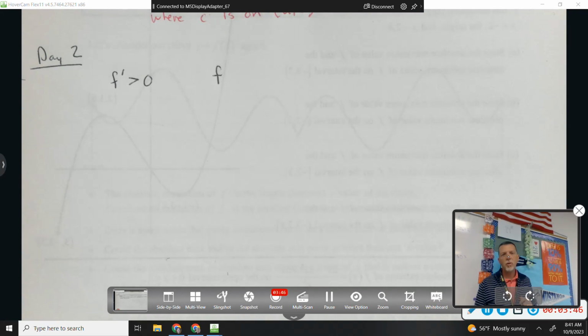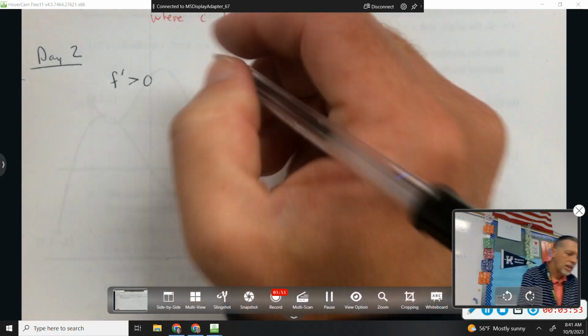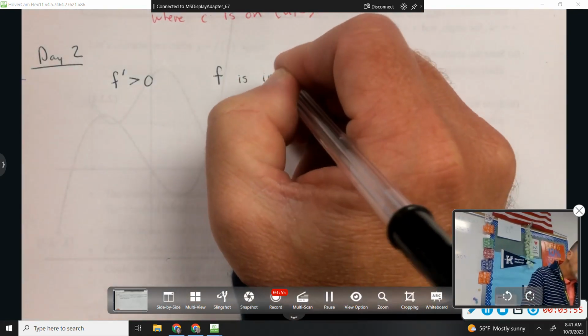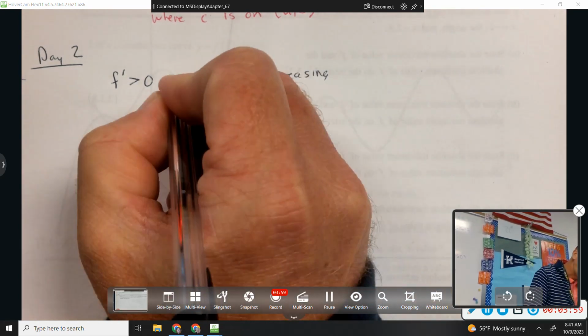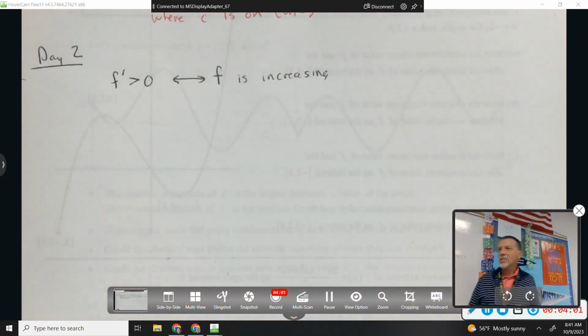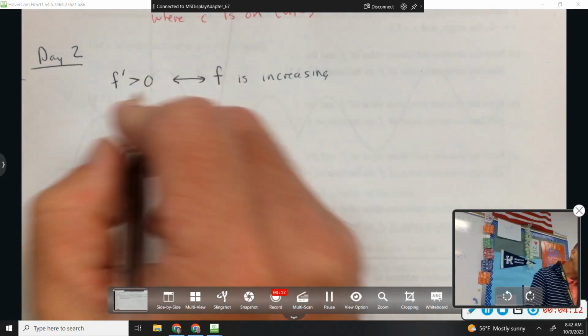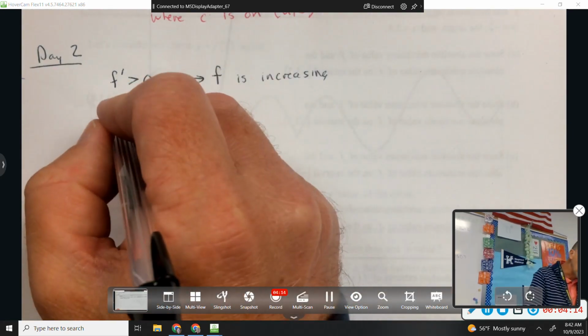If f prime is positive, then what does that mean about f? It's increasing. And that's like in geometry, we'd say it's a bidirectional statement, like it works either way. If f is increasing, then that means the derivative is positive. If the derivative is positive, that means f is increasing. Like those are identical statements.